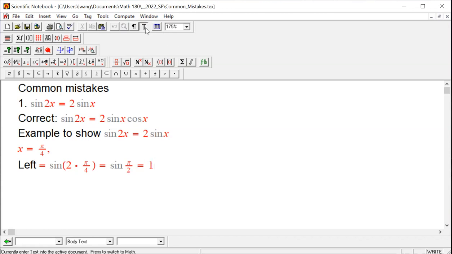And what is on the right-hand side? We have 2 times sine x. Since x equals pi over 4, we replace x by pi over 4, and we get 2 times sine of pi over 4, which is 2 times root 2 over 2, and that gives root 2.